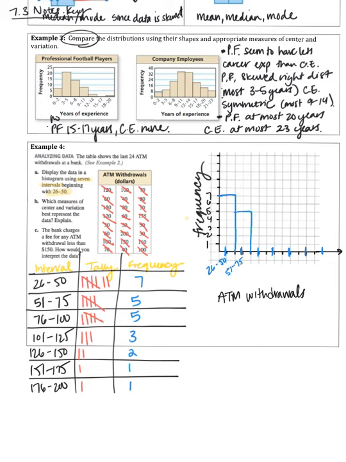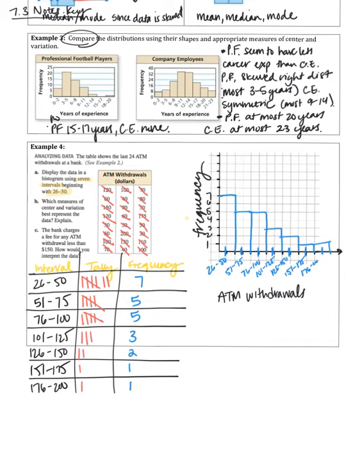My next column is 76 to 100 with a frequency of 5. 101 to 125 with a frequency of 3. 126 to 150 with a frequency of 2. 151 to 175 with a frequency of 1. And 176 to 200 with a frequency of 1.